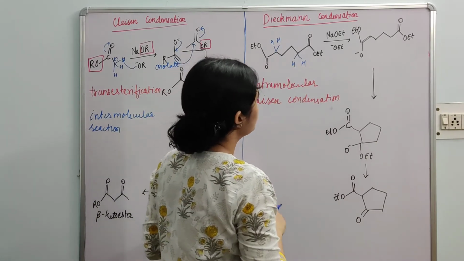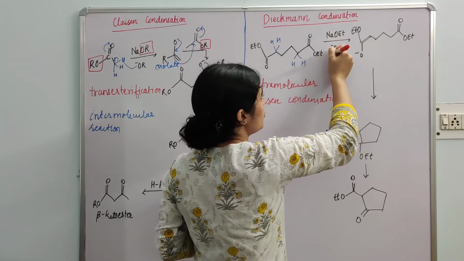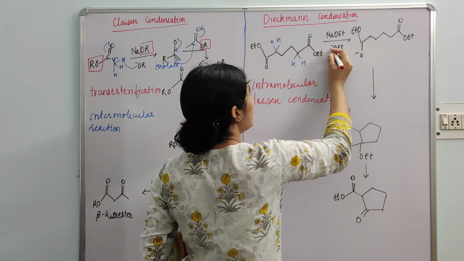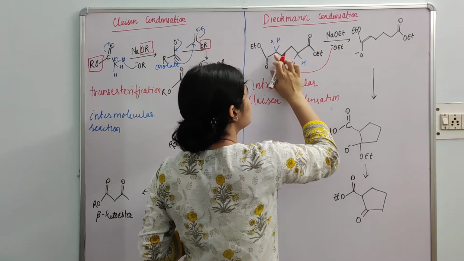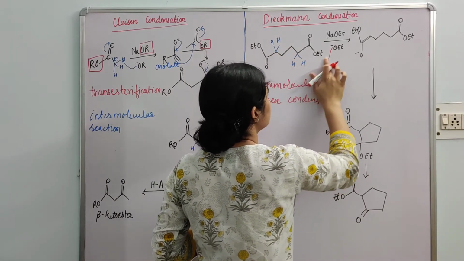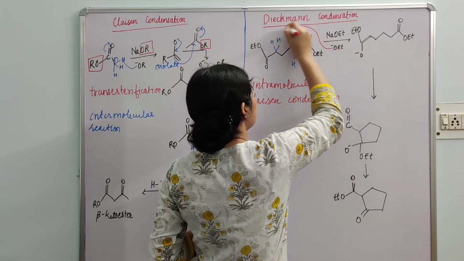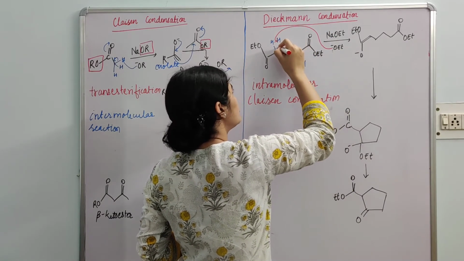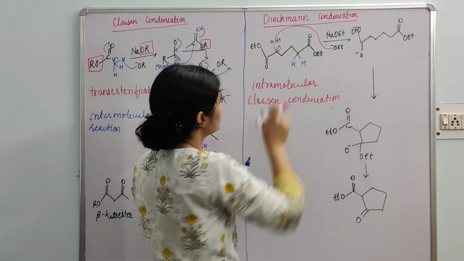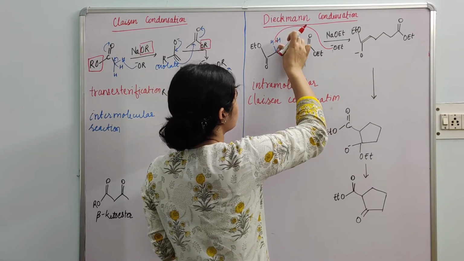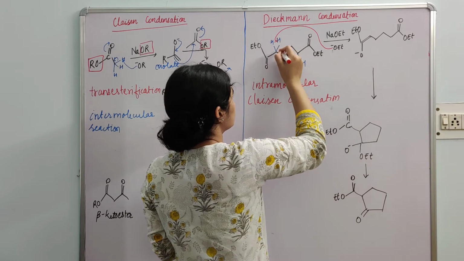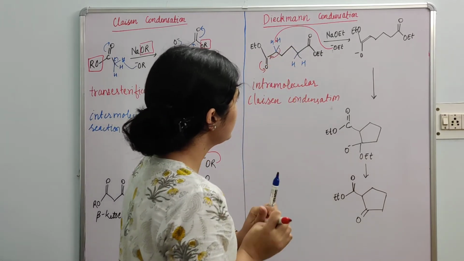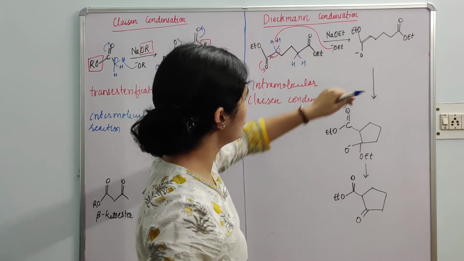So what is happening? OEt negative will attack the hydrogen and eliminate the proton, and your oxygen will have a negative charge. So this is the enolate form.